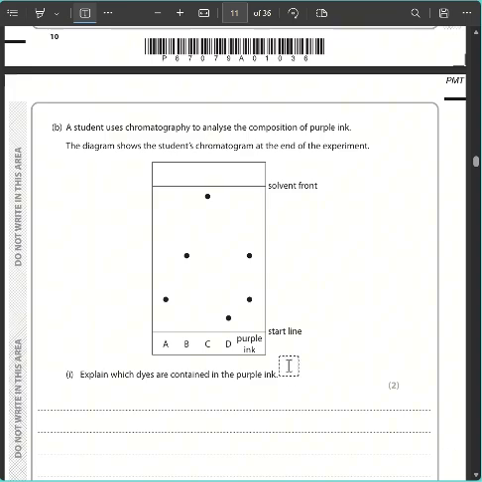A student used chromatography to analyze the composition of purple ink. The diagram shows the student's chromatogram at the end of the experiment. Explain which dyes are contained in the purple ink.